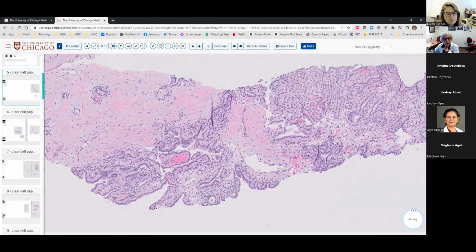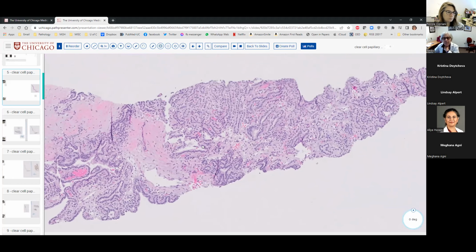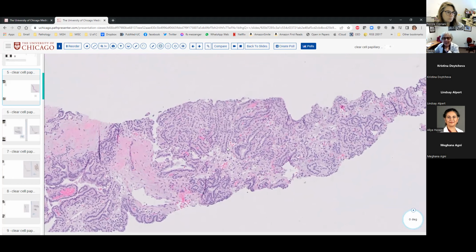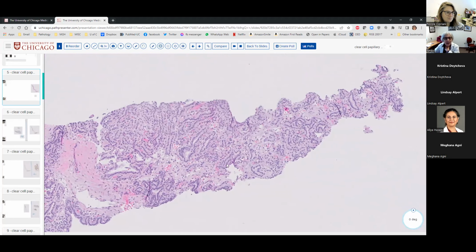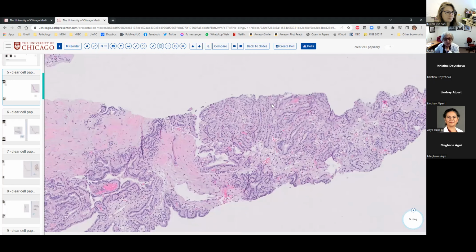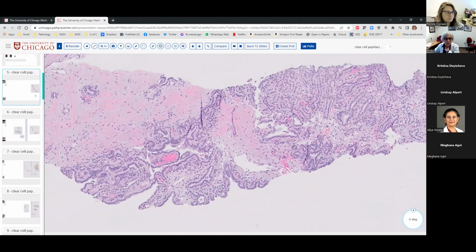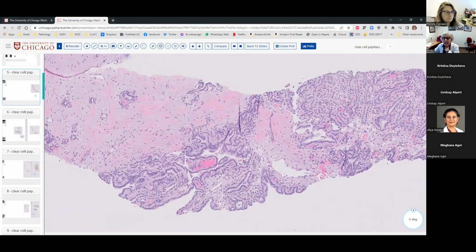This part is composed of mostly tubules that are kind of squeezed and elongated. And maybe in some areas there is a hint of papillary architecture, although that's really like maybe in here. Although most of this mass is actually made up of tubules, somewhat compressed and elongated.